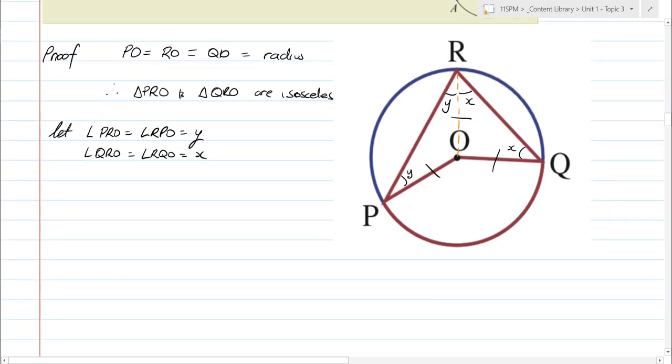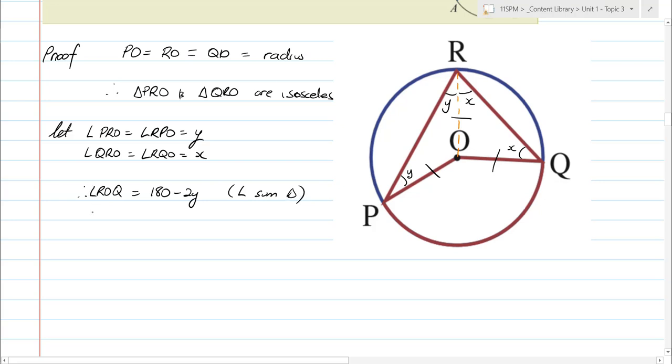And then I think, hopefully you can see here, based on the angle sum of a triangle, sorry, that angle ROQ is equal to 180 minus 2y. That's the angle sum of a triangle.